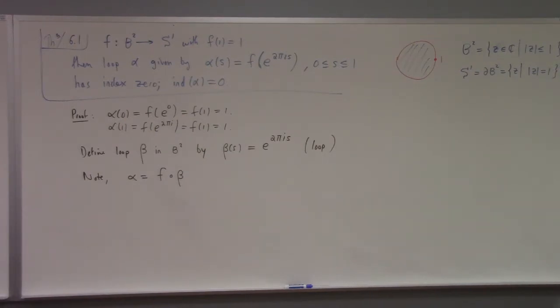Yeah, this is just manifestly true. And then what does he say? He says, since B2 is convex, corollary 4.2 shows that alpha is homotopic with endpoint fixed to the constant loop in S1 at 1.